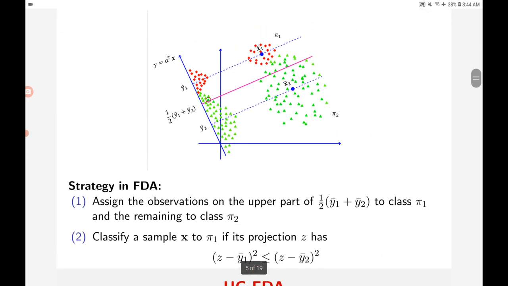So the traditional strategy in Fisher discriminant analysis is to assign the observations on the upper part of the violet line to class pi 1 and the remaining ones to class pi 2.